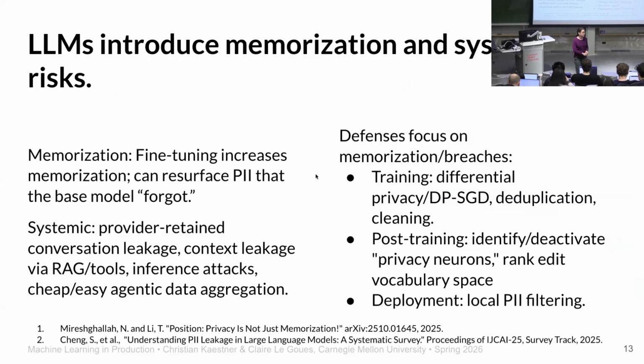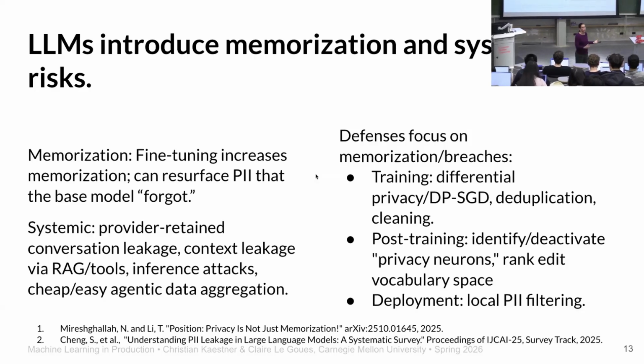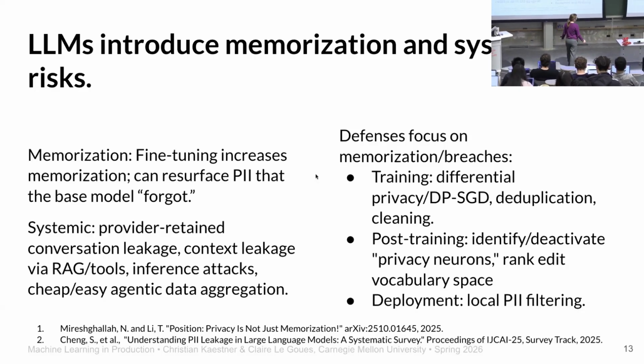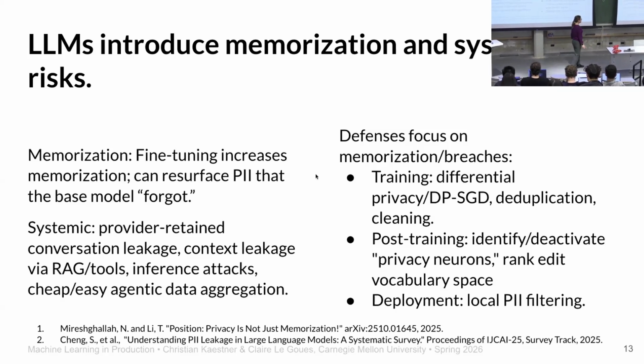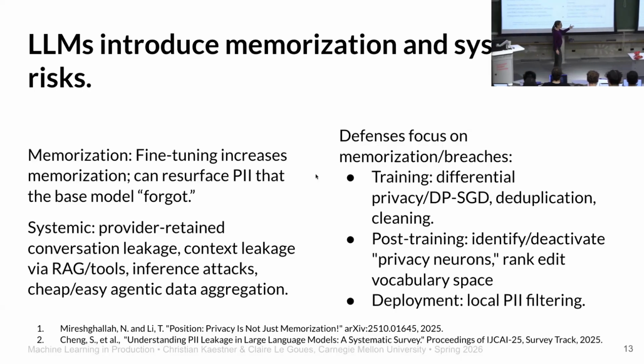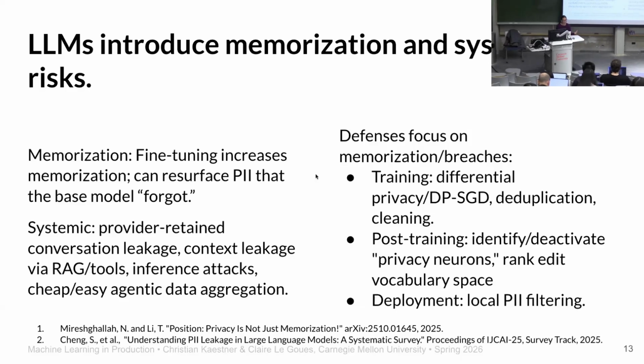And so one of the security risks is, can you get an LLM to spit out personally identifiable information using carefully constructed prompts? In general, the answer is yes. And this is a problem that we are having a hard time dealing with. Fine-tuning increases the risk of memorization and actually can lead models to resurface personally identifiable information that the base model, air quotes, forgot, which is kind of a bummer.